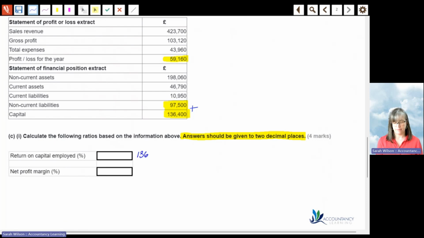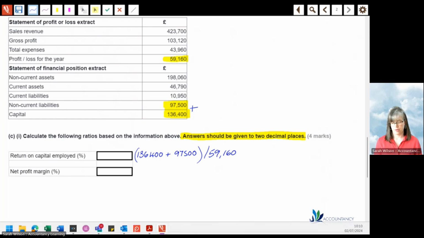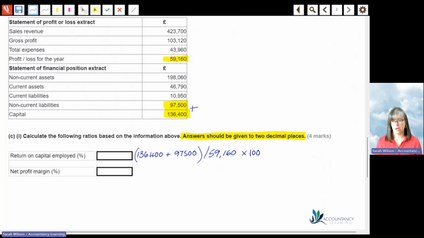So we're going to add those 2 together. And then we will divide it by our profit and multiply it by 100. And that gives us 25.29 to 2 decimal places.